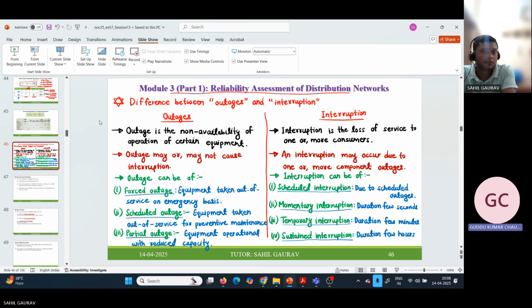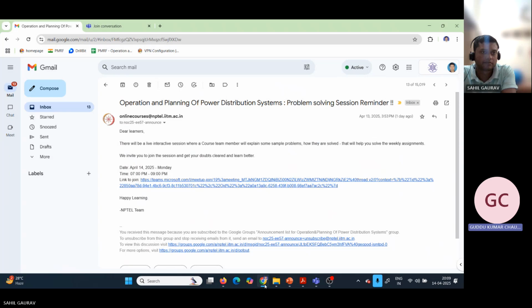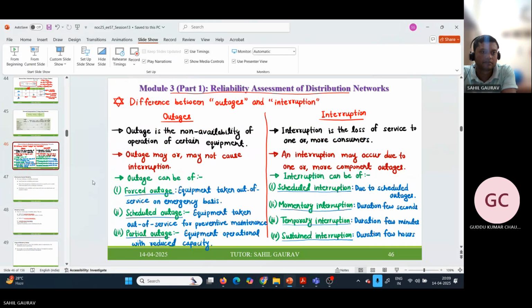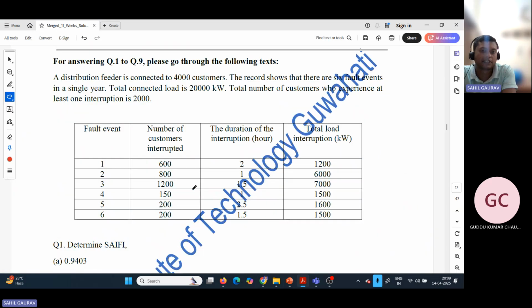For the assignment, are all theory parts compulsory for solving the questions, sir? Not all theory, it is not compulsory. Whatever question is asked in the problems, that is enough. And you should just go through the previous year problems also.